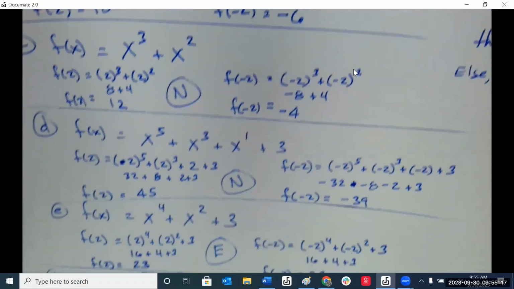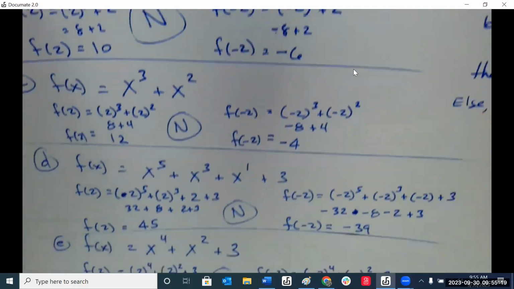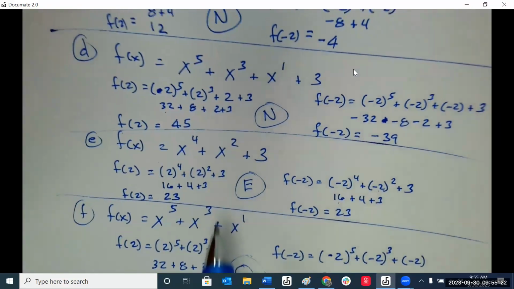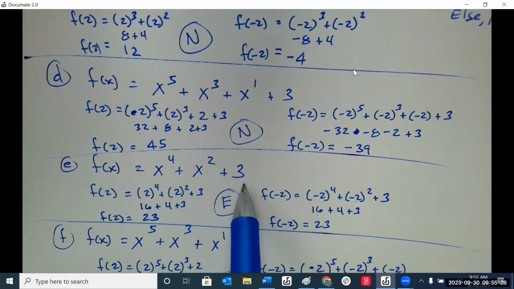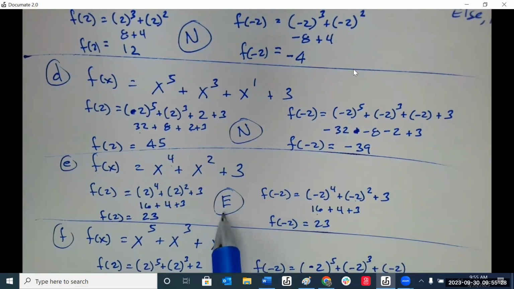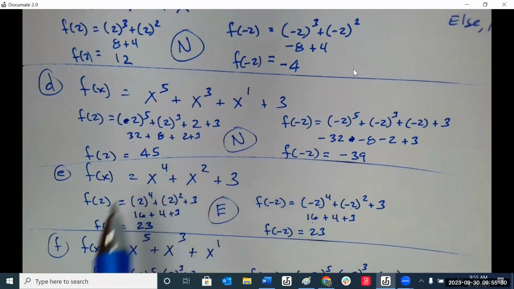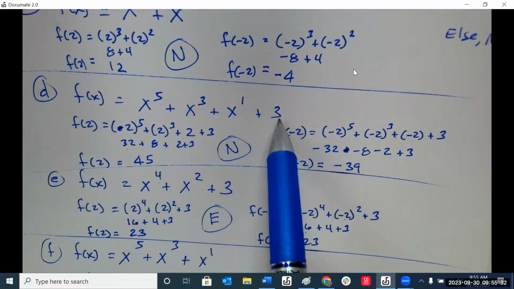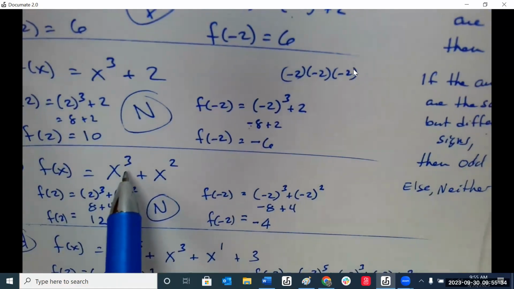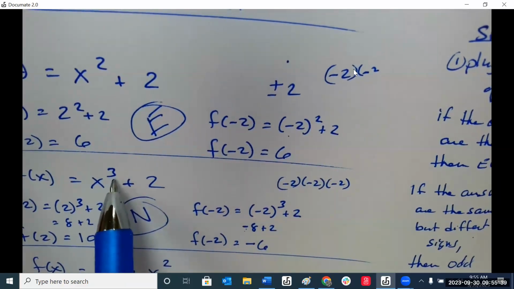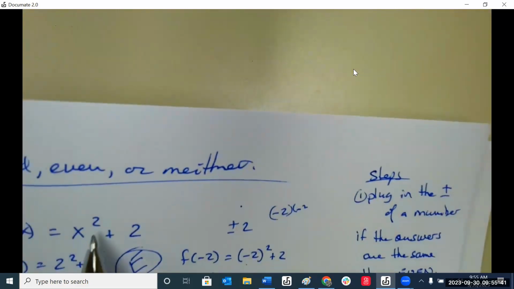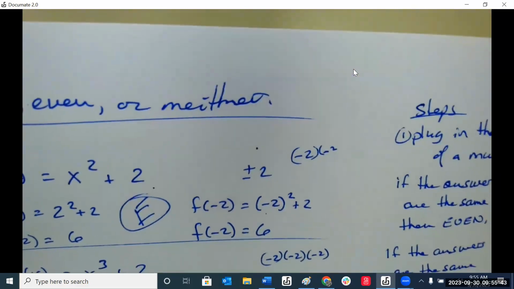If you have even exponents or a constant, it's even. Any combination of odd and a constant, neither. Odd, even, neither. Odd, constant, neither. Even, constant is even.